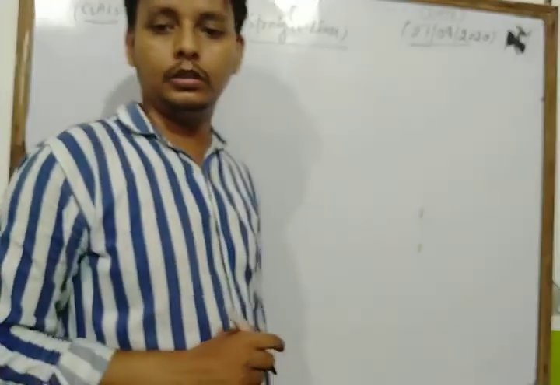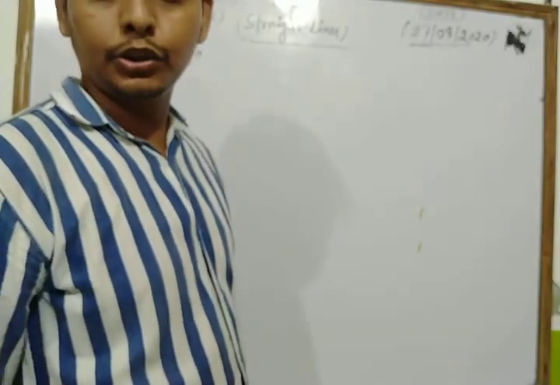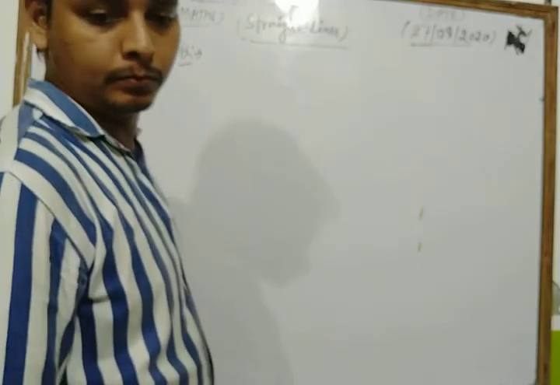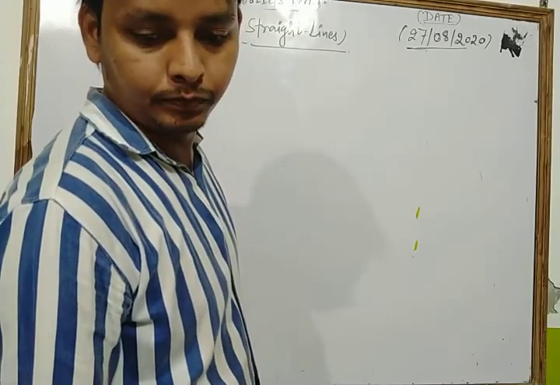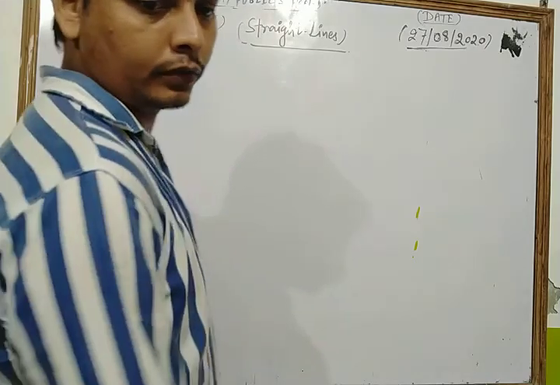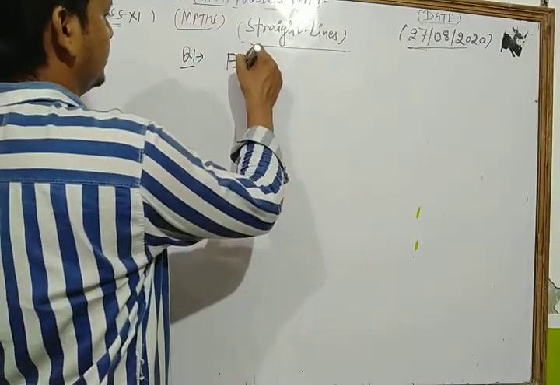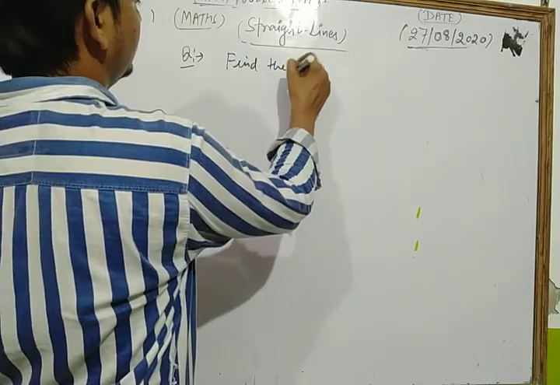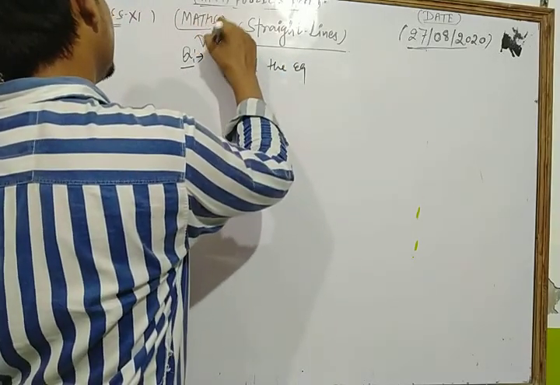Let's solve this question. Find the equation of the line passing through (1, 2) and making an angle of 30 degrees with the y axis. This is a very important question of your NCERT exercise.